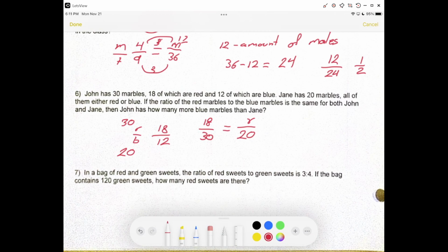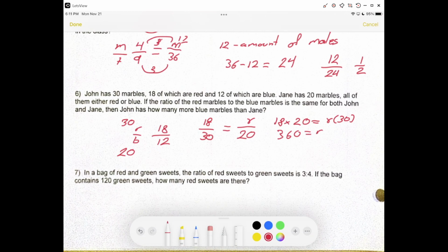Once again, let's use cross multiply. So that's going to look something like 18 times 20 is equal to R times 30, right? And 18 times 20 is 360, and that's equal to R times 30.